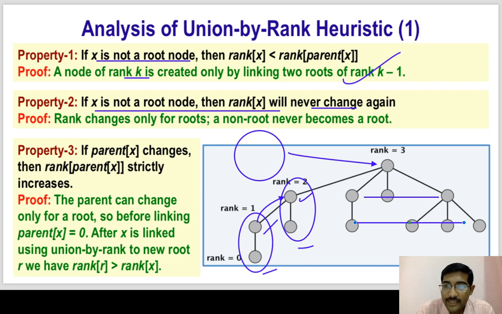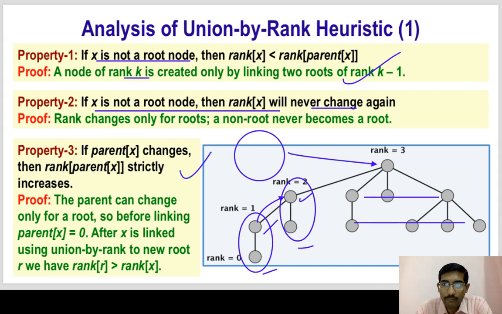So therefore, their rank never changes. So X is not the root node. If that is the case, then the rank of X will never change. If parent x changes, then rank of parent x strictly increases.